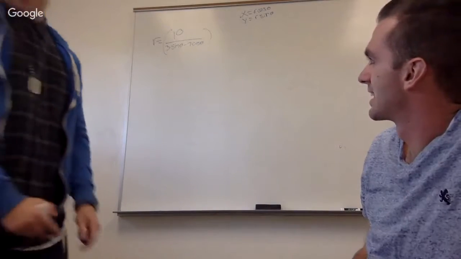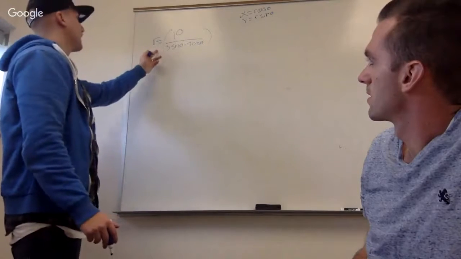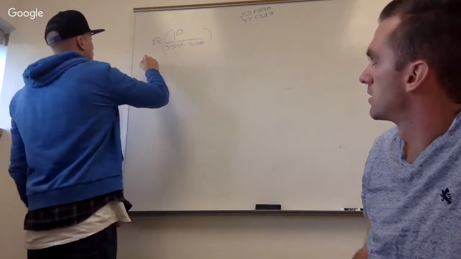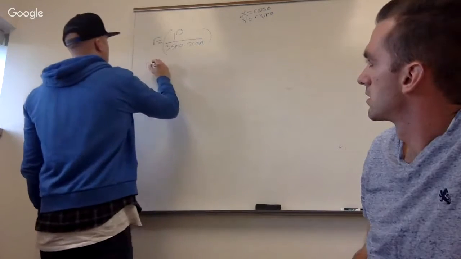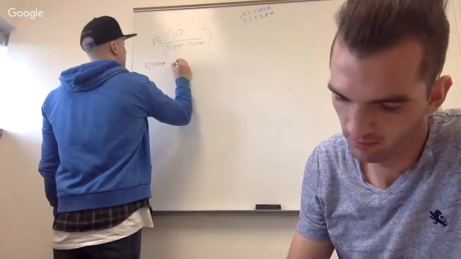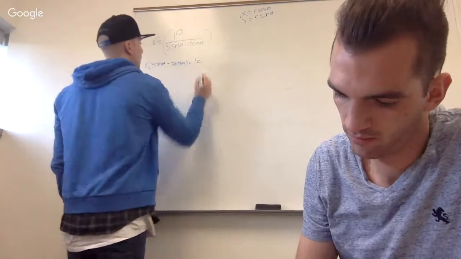First thing we're gonna do off of this problem, I haven't had one exactly like this, but we're gonna take the denominator and multiply it to the other side. So we got r times 3 sine theta minus 7 cosine theta equals 10.